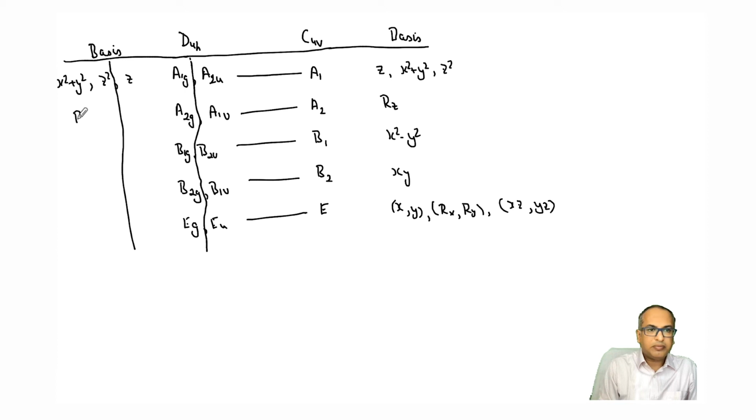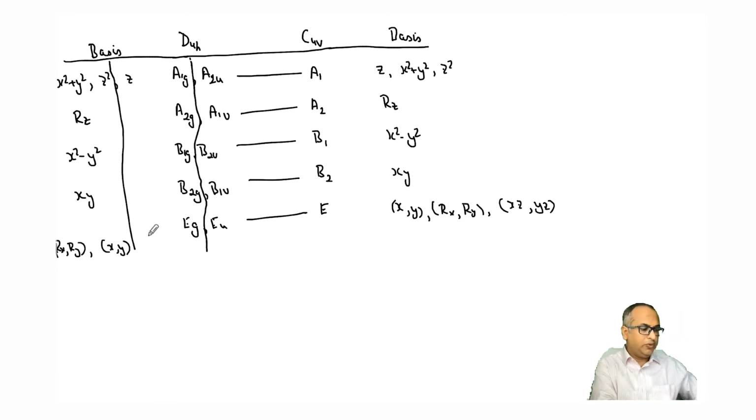So RZ, then you have x square minus y square, then you have xy, then you have Rx, Ry, and xy, and also for EU, what is the basis? Let me see. D4H. For EG, it is, so sorry, this one is XZ, YZ. And EU, it is XY.